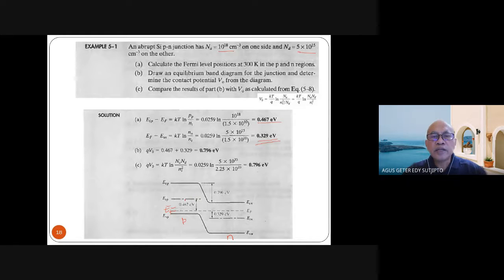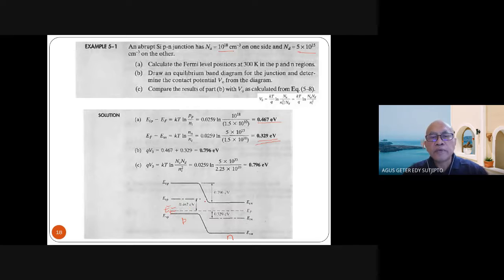This is from the EF at P and EF at N. N is close to the conduction band and the EF at P is close to the valence band.